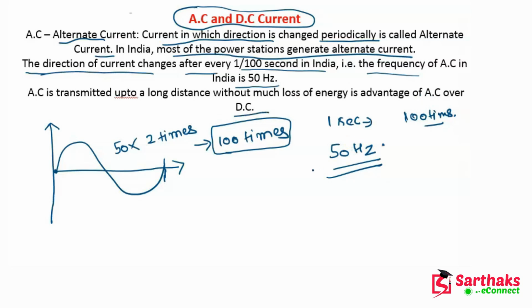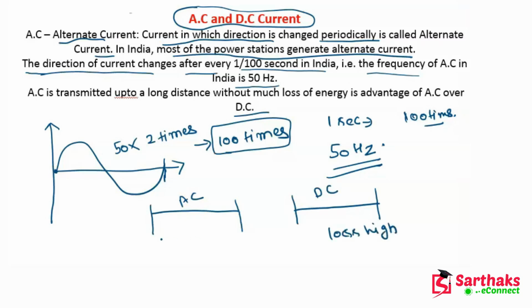For example, if this is the transmission where you have to transmit AC, and this is a transmission where you have to transmit DC, then the loss will be high in DC, but here the loss is less.